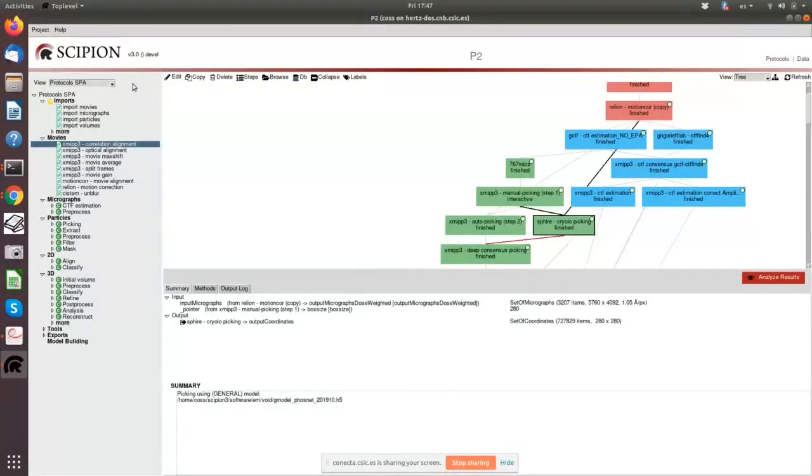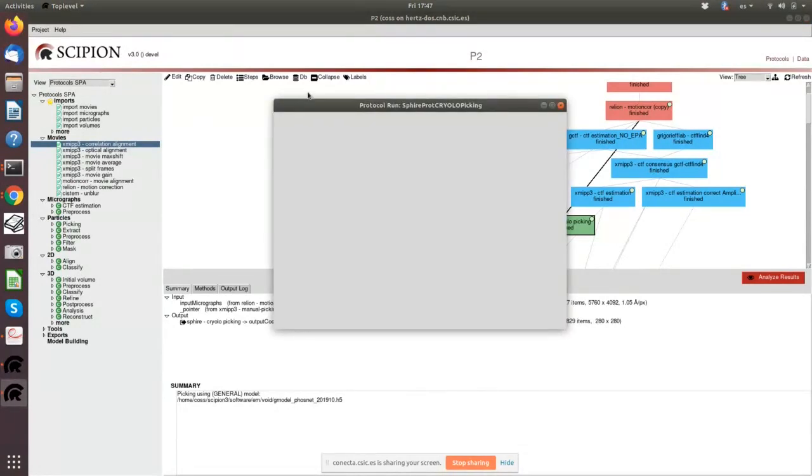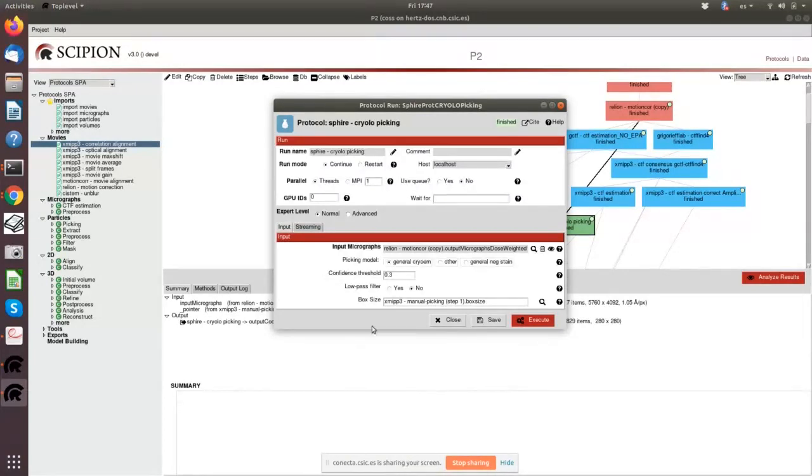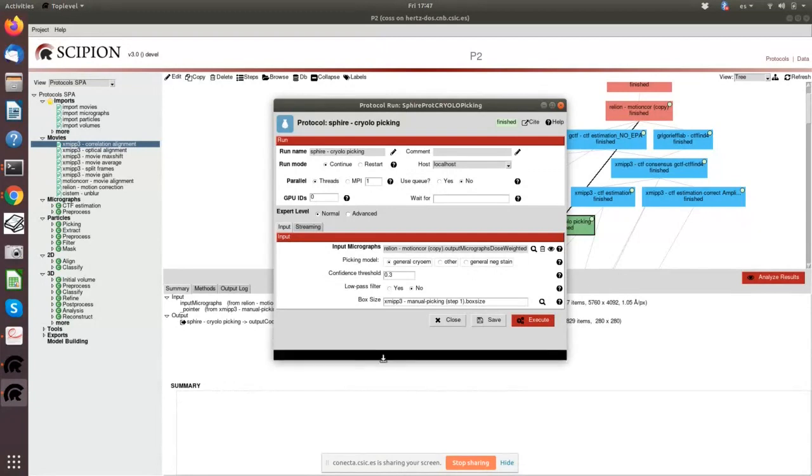And here, let's see the parameters of Cryolo. I hope I have the plugin. Yeah, so this is coming. You can have different training.